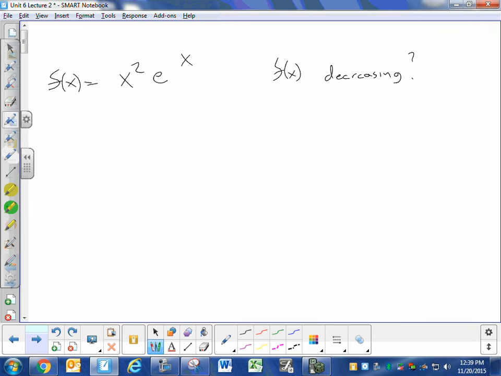Let's do this one. So the function is x squared e to the x.